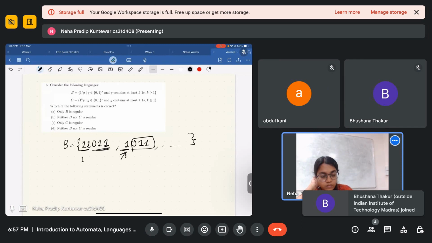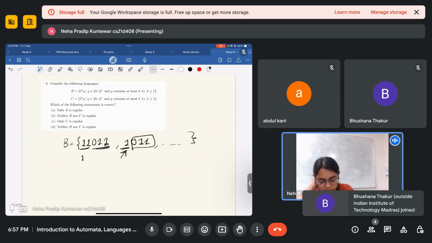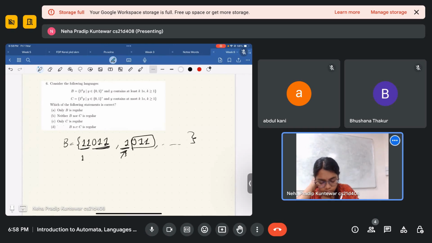So option D is that both B and C are regular. So this is some typo, so please read it as this. Now maybe you can take 1 minute to think about it, and if you have some answers, please type in the chat. That will help the discussion, and we can discuss.